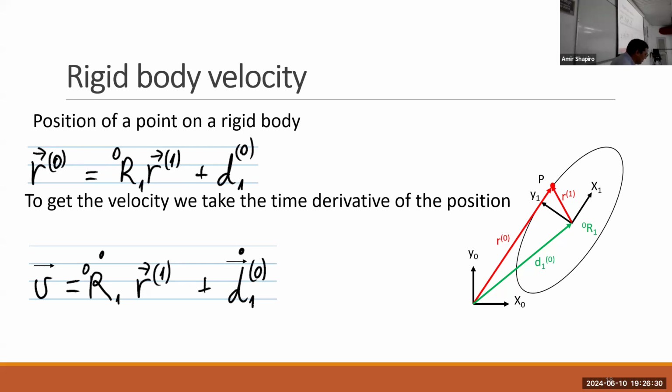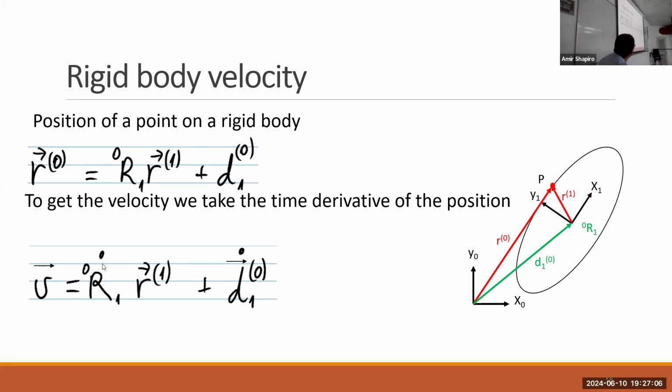Next, we want to get the velocity of this point on the rigid body. In order to compute it, we need to take the derivative of the position. So we had the position of the point R. If we take the derivative, this is V, the velocity.